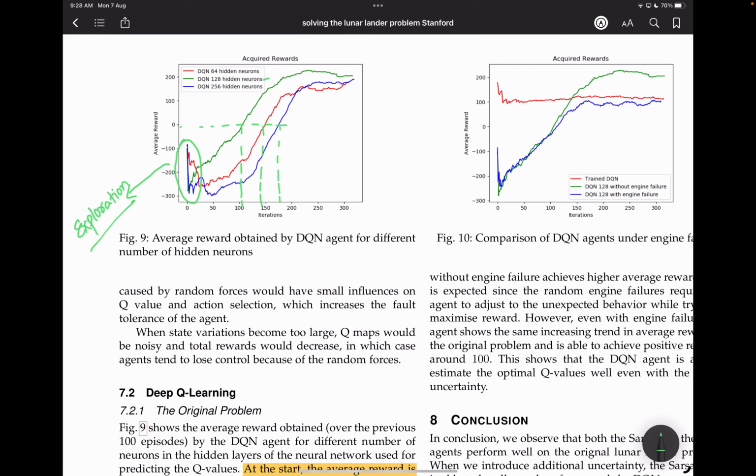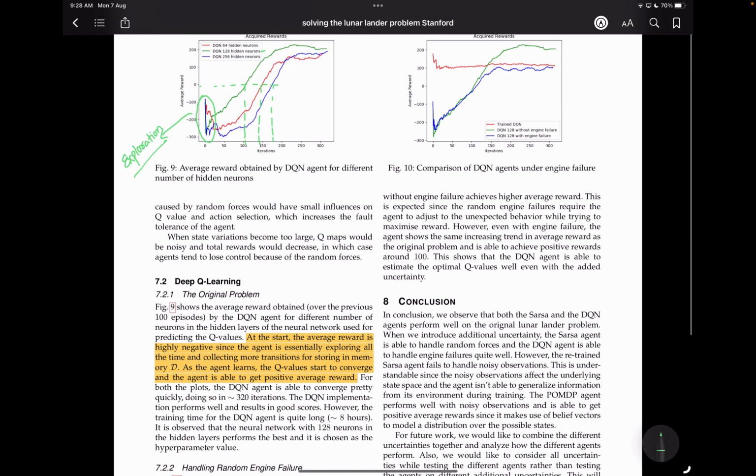It crossed the zero barrier for average rewards, right? So it did pretty well on that. At the start, the average reward is highly negative since the agent is essentially exploring, as I told you. At that time, it's collecting more transitions and storing them in the memory, because of course we are accessing that memory and experiencing replay from the memory buffer, right? As the agent learns, the Q values start to converge. The agent is able to get positive average rewards, right?